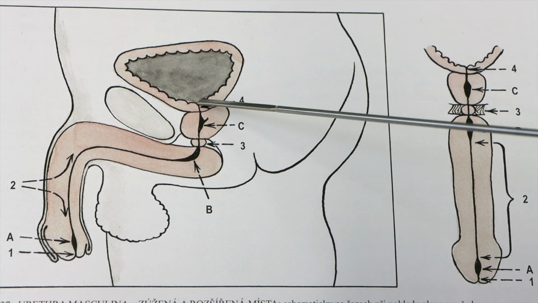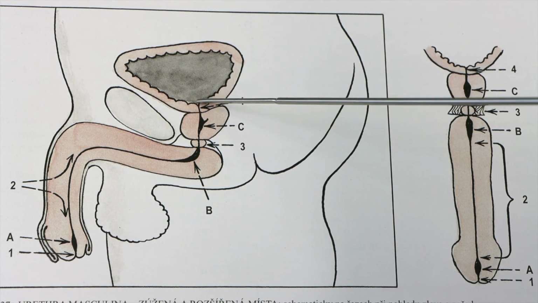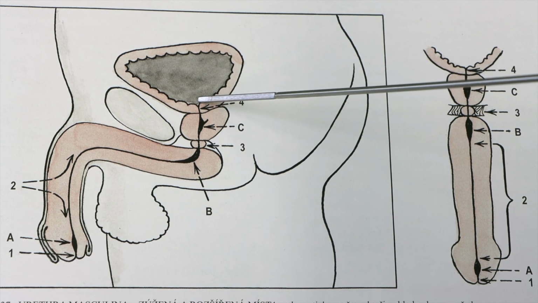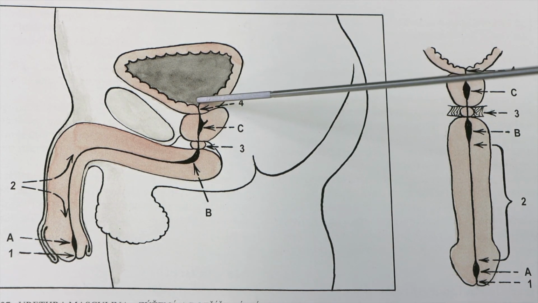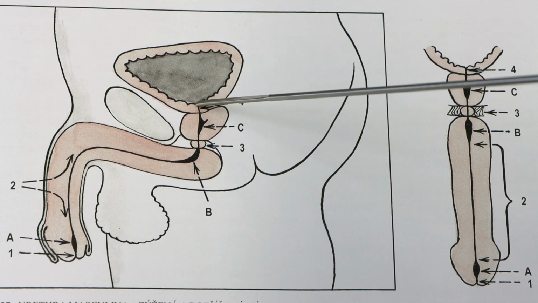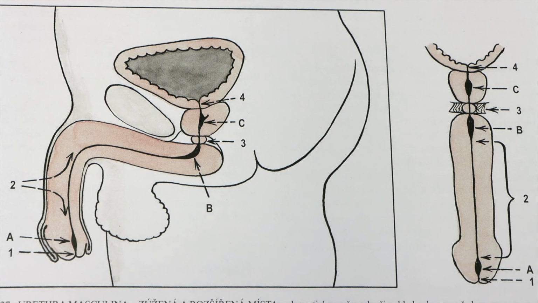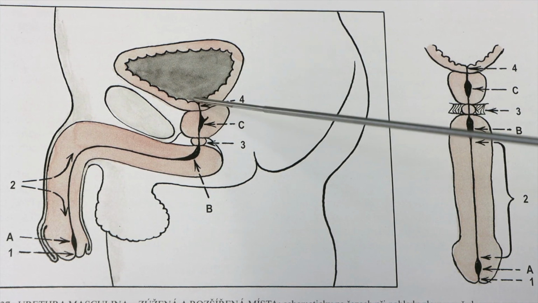The first part starts from the vesical trigone, at the apex of the vesical trigone, which is called the internal urethral orifice, and then it continues through the wall of the urinary bladder as an intramural part, which is approximately half a centimeter in length.